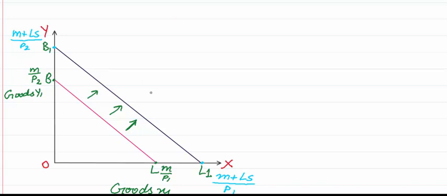Now here we can say that the slope of the budget line is given by the ratio of the prices. So we have the slope of B1 L1 as minus P1 by P2, same as the slope of the budget line BL. Now the slope does not change in this case.